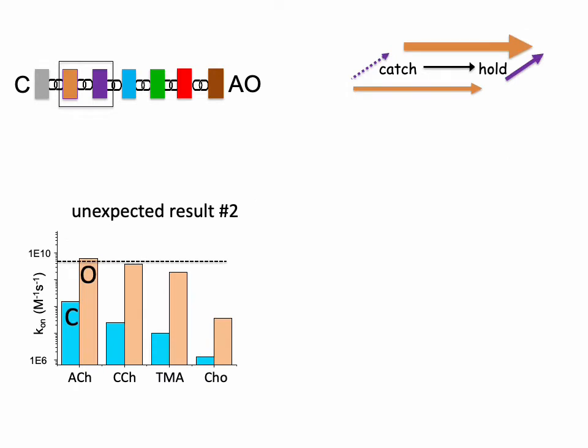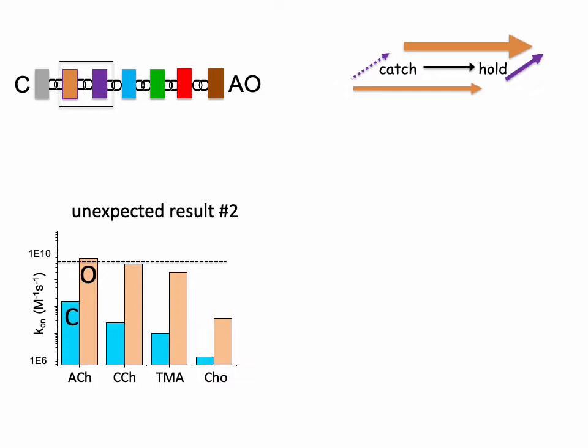So this is the model that we have shown up above, where catch and hold and everybody else is linked by a linear free energy relationship. And I want to say that this is not just wild speculation or derived by analogy to catch and hold.